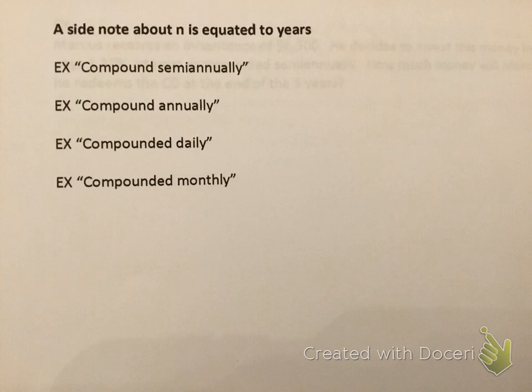Okay, so a side note about N. N has to be expressed in years, so if it's compounded semi-annually, it's kind of like those sales that you see, the semi-annual sales, that means that N equals 2, because semi-annually means twice a year. Compounded annually, if you have an annual sale, that happens once a year, so N equals 1.